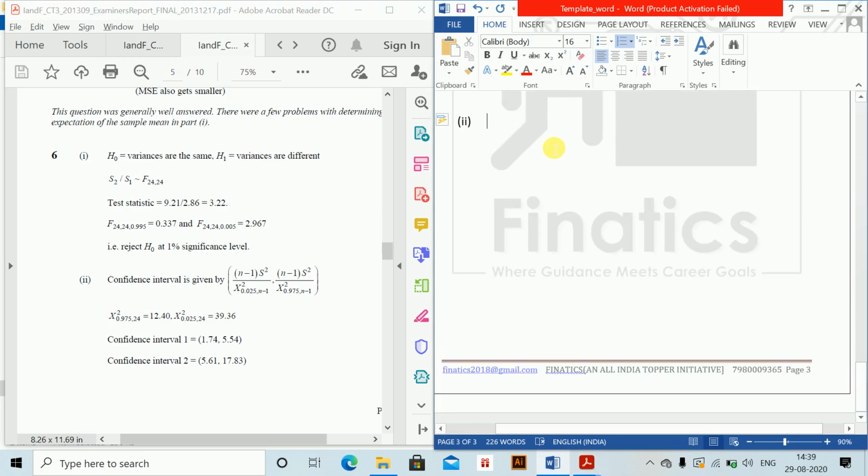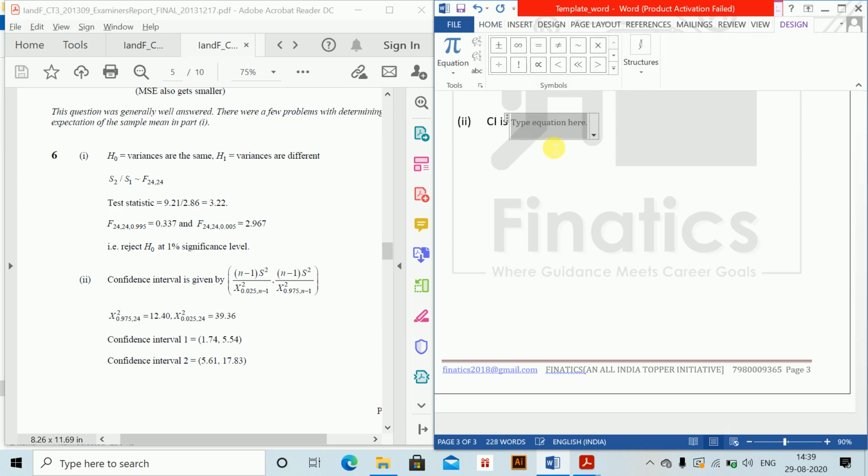So we'll calculate CI as (n minus 1) s squared divided by chi square 0.025, n minus 1, brackets close, and comma.